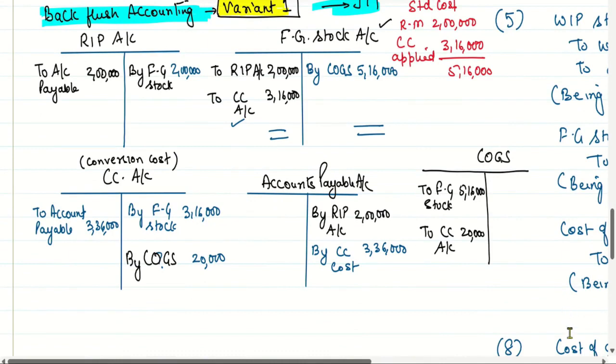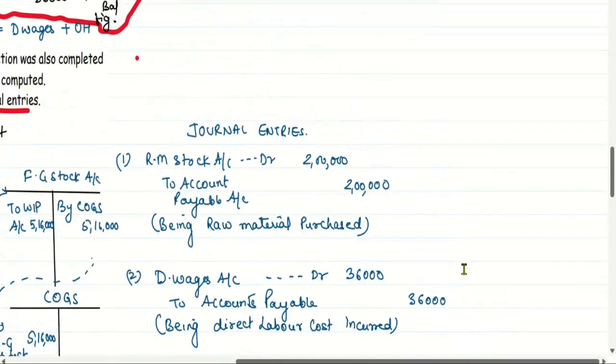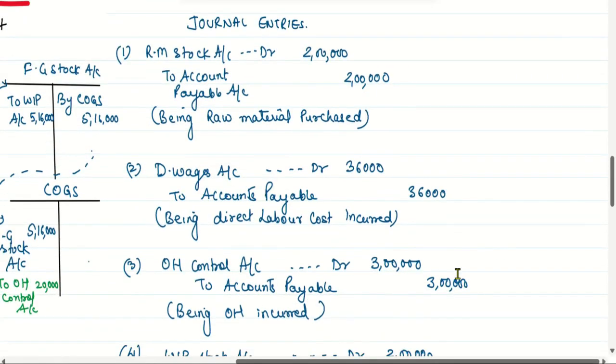Pause the screen and write it down. I'm scrolling the page. Now write the general entries starting from the traditional way.